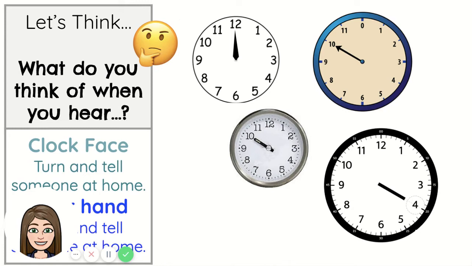Perfect! What do you think of when you hear hour hand? Turn and tell someone at home. If you said the shortest hand or the hand on the clock that tells the hour, you are correct. Woohoo!